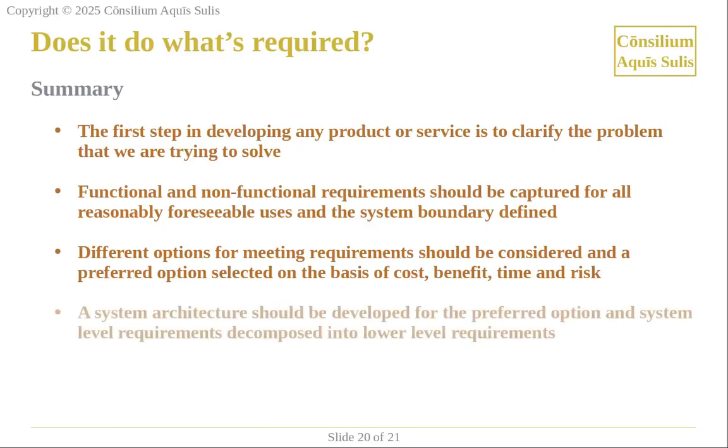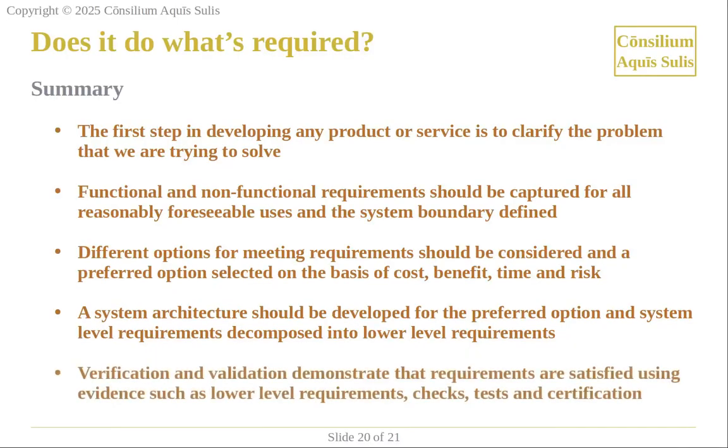A system architecture should be developed for the preferred option and system-level requirements decomposed into lower-level requirements. Verification and validation demonstrate that requirements are satisfied using evidence such as lower-level requirements, checks, tests, and certification.